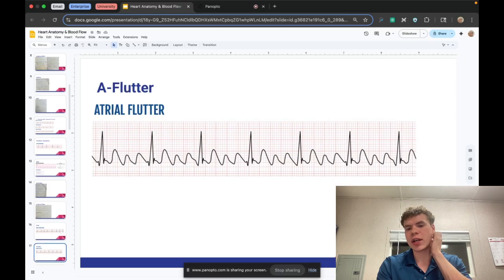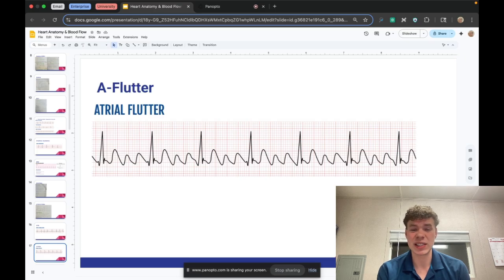And AFib and A flutter are actually not fatal rhythms. Obviously there are some rhythms that we'll get into later that are fatal, but there are some people that have AFib and A flutter and they just live with it and take medications, and that might just be their normal, right? So AFib is generally not considered a lethal rhythm.